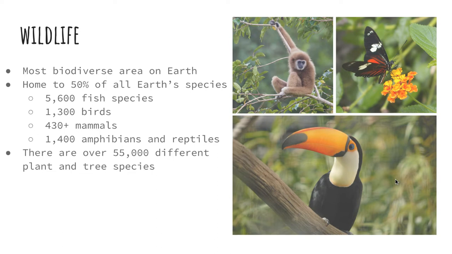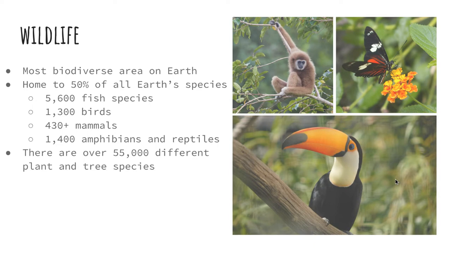Rainforests only cover 2% of the Earth's surface, but at least 50% of the Earth's plants and animals come from the rainforest. The rainforest is the most diverse area on Earth.